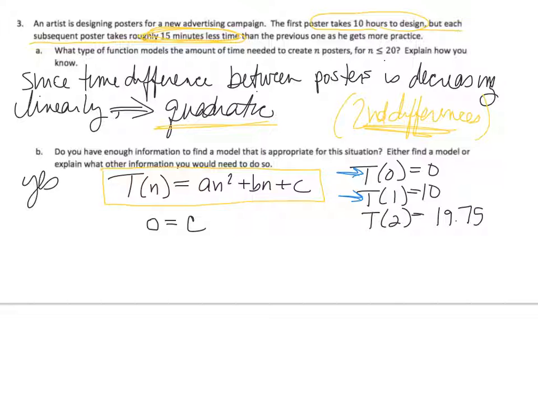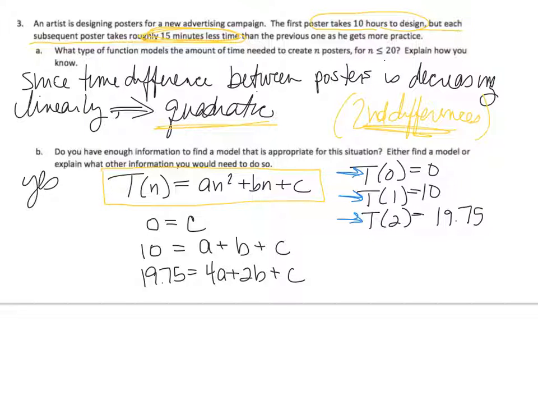That means I'm going to have 10 equals a times 1 squared plus b times 1 plus c, which is 0, right? And then for n equals 2, I get 19.75 equals 4a plus 2b plus c, and c is 0.